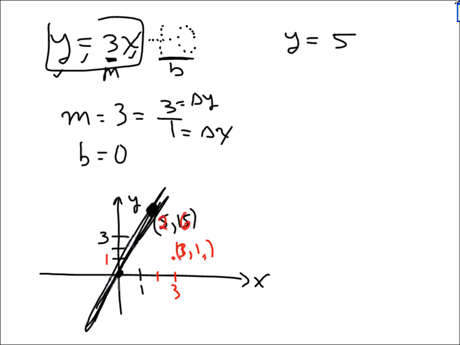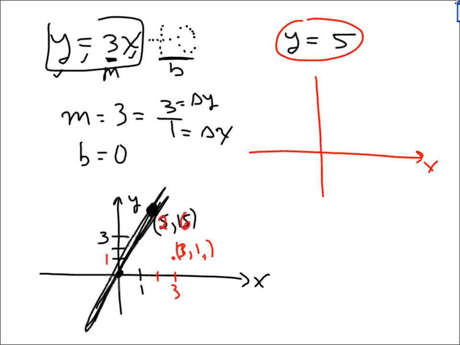Every point on the line has the same thing in common. I want to plot all the points where y equals 5. Well, y is equal to 5 everywhere along that line. But not to worry.